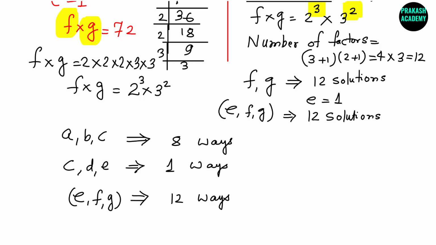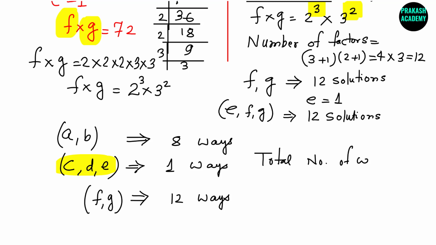Basically, you can remove C from here and also E from here, because for C and E there is only one way, which is included already. So the total number of solutions, or total number of ways by which we can find a solution for 7 unknowns, is 8 times 1 times 12, which is 96.